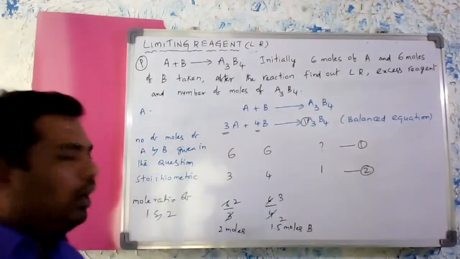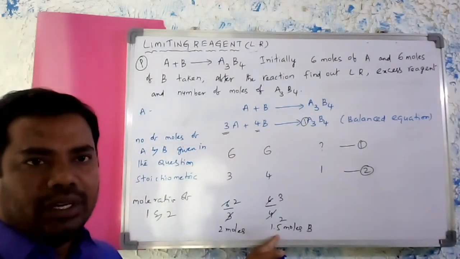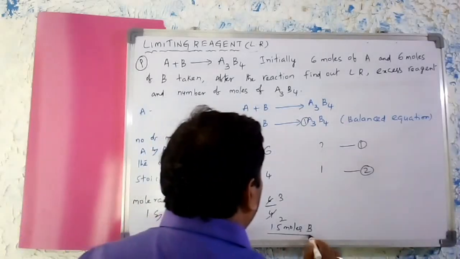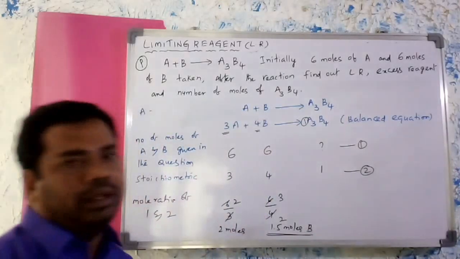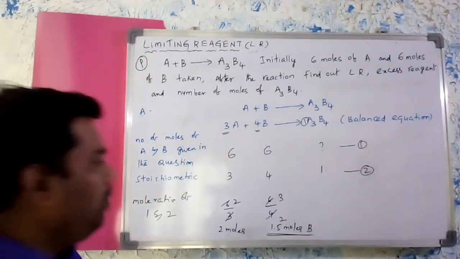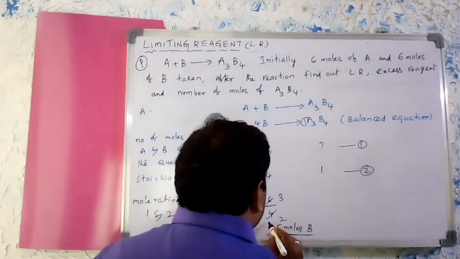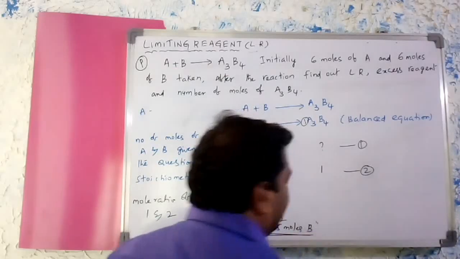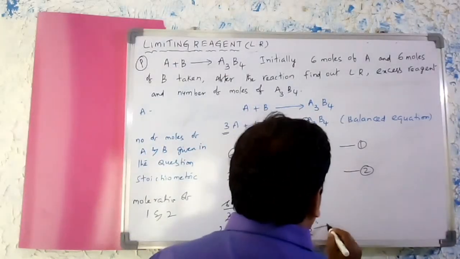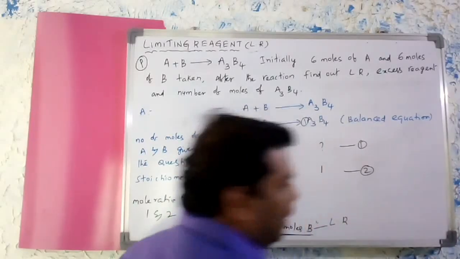So according to this equation, according to the number of moles, B is completely consumed in the reaction and forms the product A3B4. So here the smaller value indicates the limiting reagent. Therefore B is the limiting reagent.